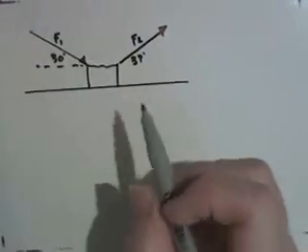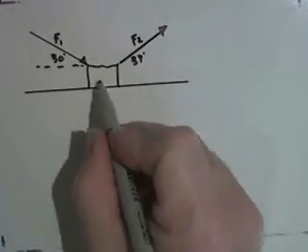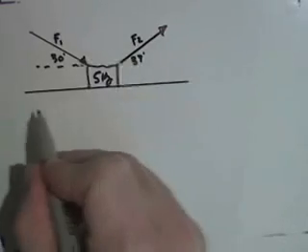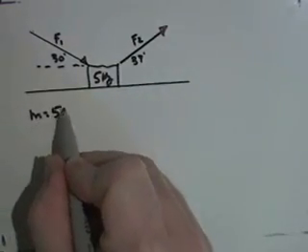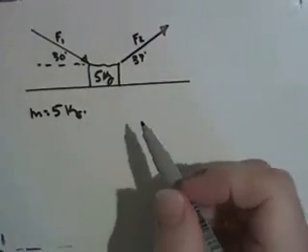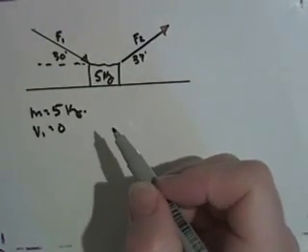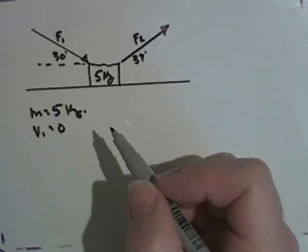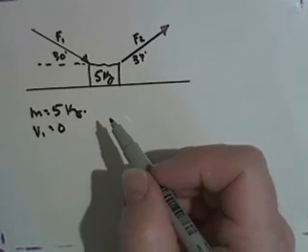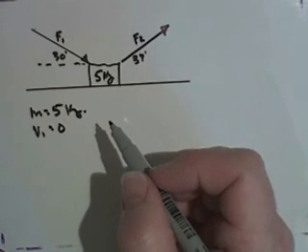It says a 5 kilogram block. So the mass of this thing is 5 kilograms. It's at rest, velocity initial equals 0. Frictionless surface is acted upon by forces F1 of 5.5 newtons.